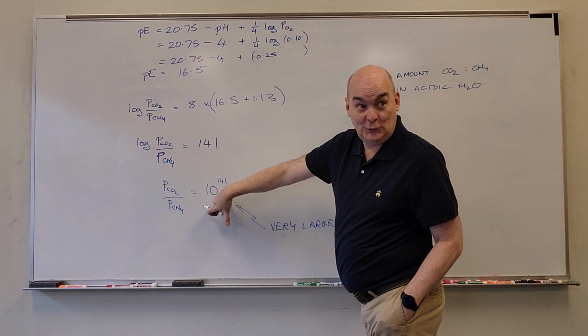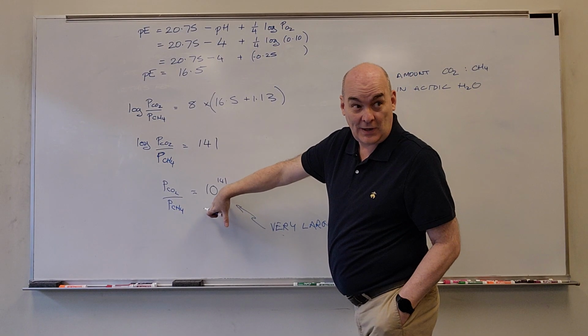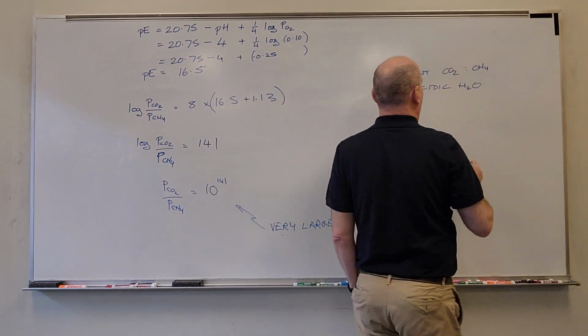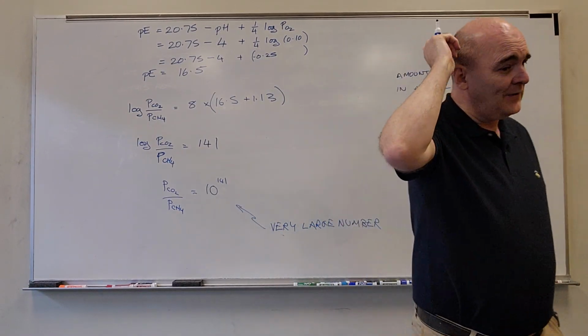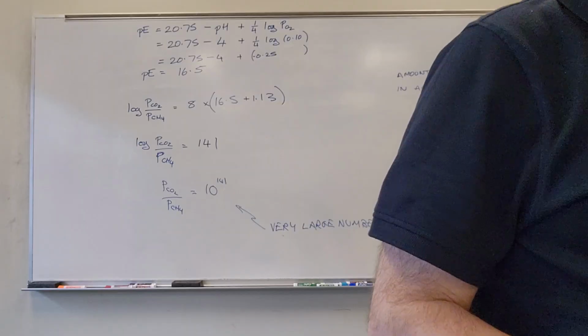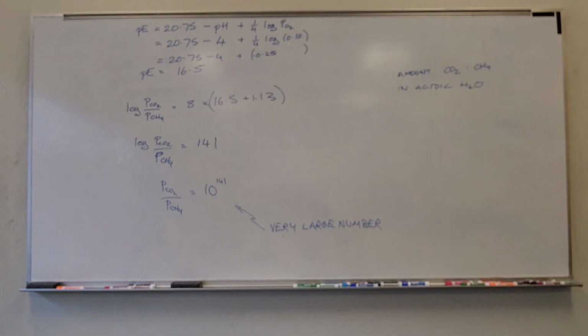This is a huge number. 10 to the 141 is massively in favor of carbon dioxide. Does that make sense? Yes. We should do it again. I know we're not going to because it took far too long, but we should do it again.